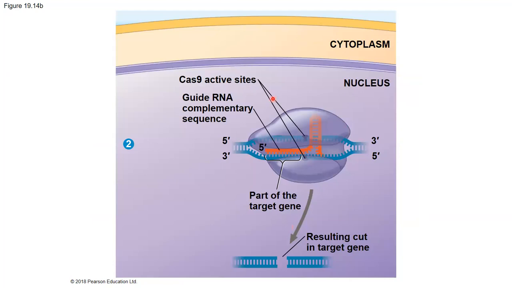The Cas9 RNA complex will bind to a specific DNA sequence. Maybe this is part of the target gene we are trying to destroy, because the guide RNA will be complementary to one of the strands of the gene. And after the guide RNA binds to its target sequence, the nuclease will cut the target gene.